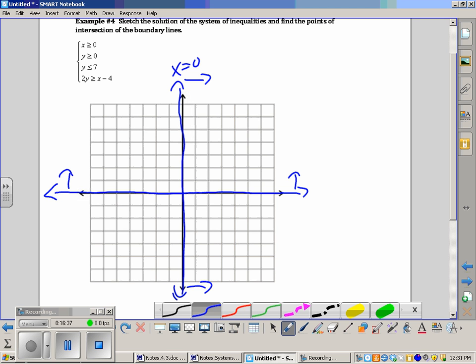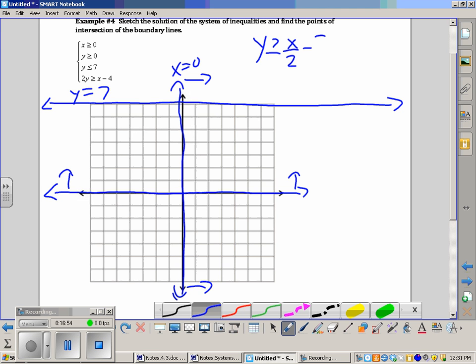Then we have y is less than 7. So that's going to be another solid line at y equals 7. Now let's solve the last equation. Okay, x over 2 minus 2. Look, the slope of this line is 1/2.